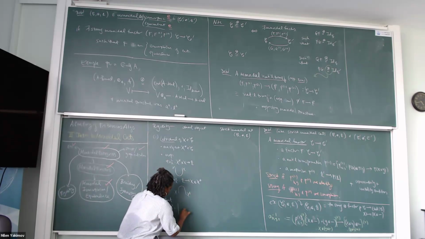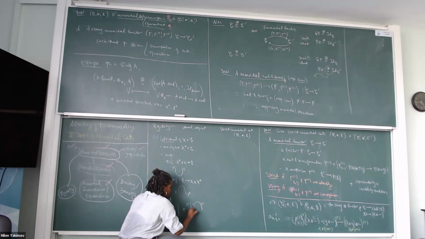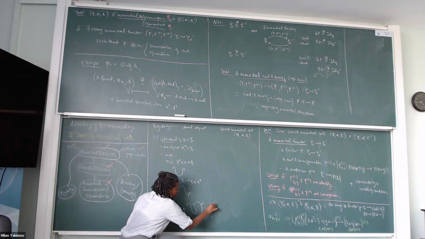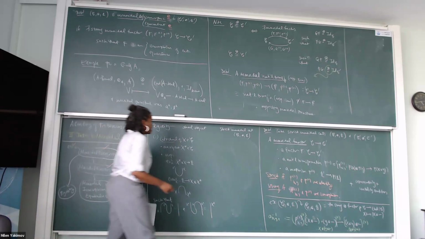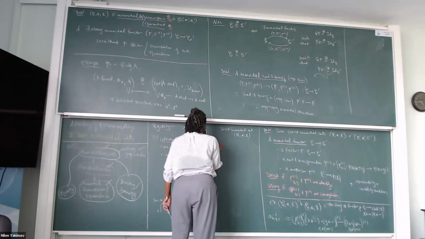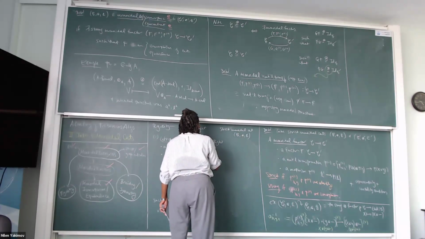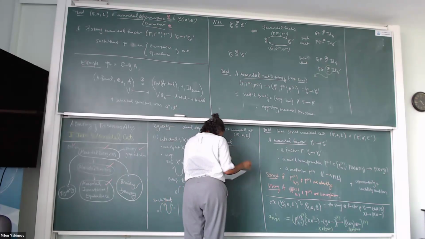And then likewise, if I evaluate here and have the identity, so this is X star, this is X, this is X star, and then evaluate, if I straighten this up, I get the identity on X. And then you also have right duals, which are defined in a very similar way, and are written down in the notes, but I'm never going to use them here.